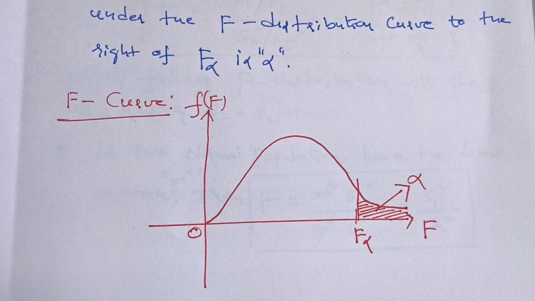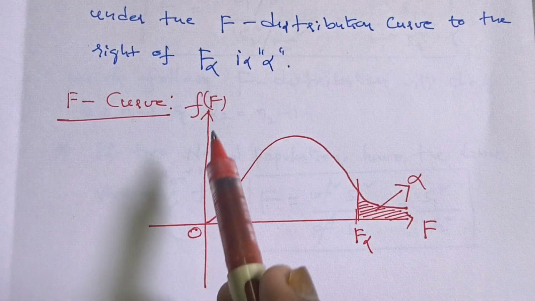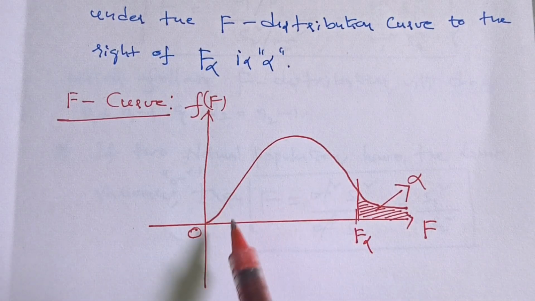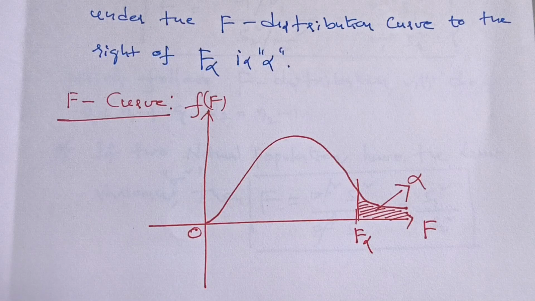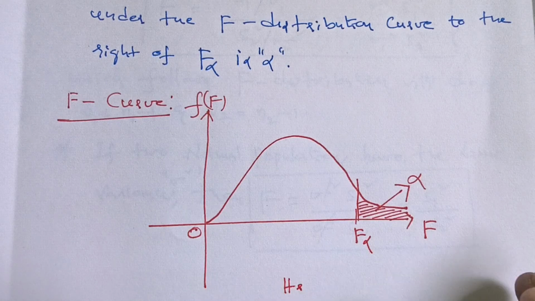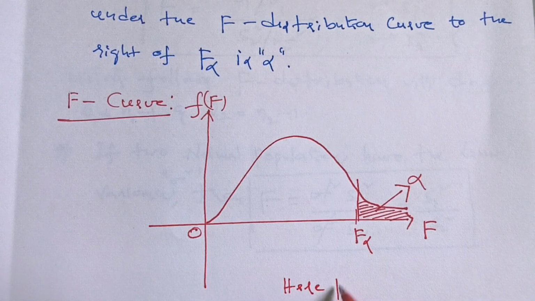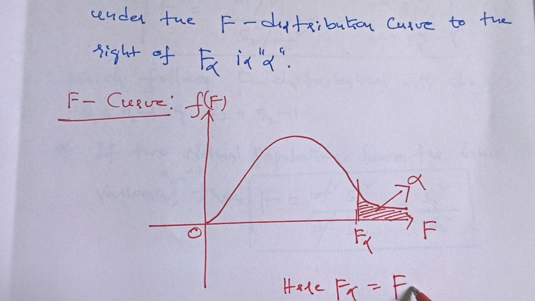The area under the curve to the right side of F alpha is the shaded region here, indicated as alpha. So for the F distribution, we have only positive values because the curve totally lies in the first quadrant. The shaded area represents the area under the curve to the right side of F.